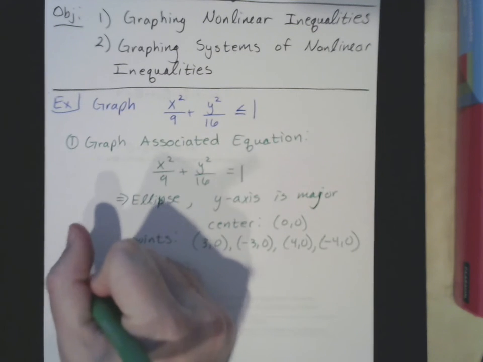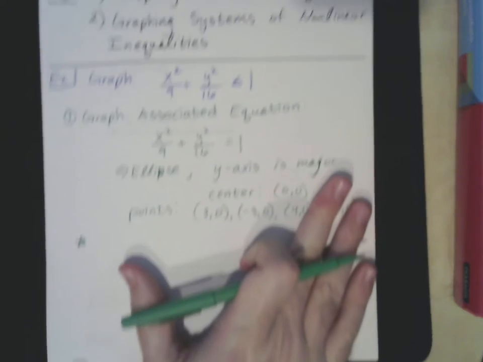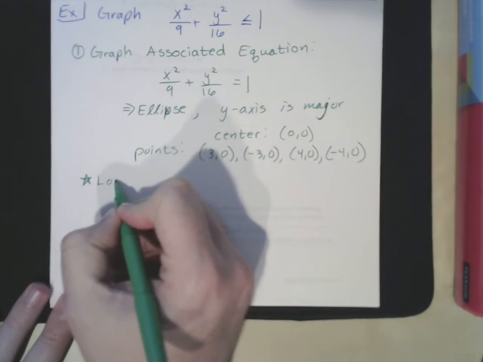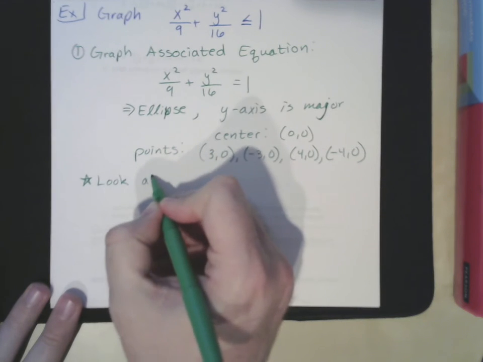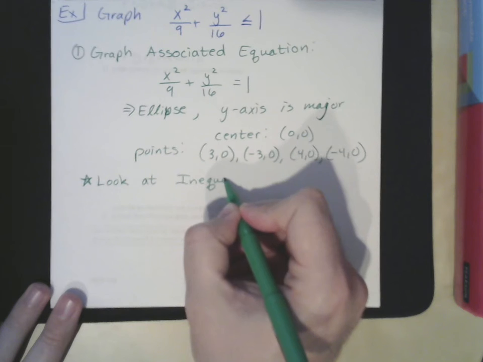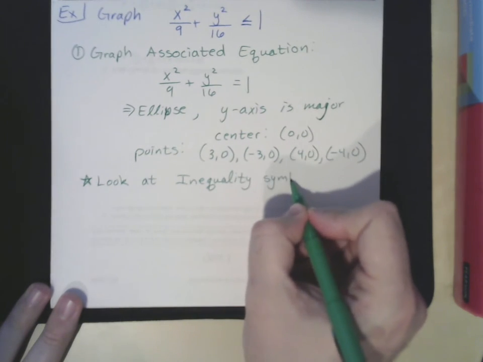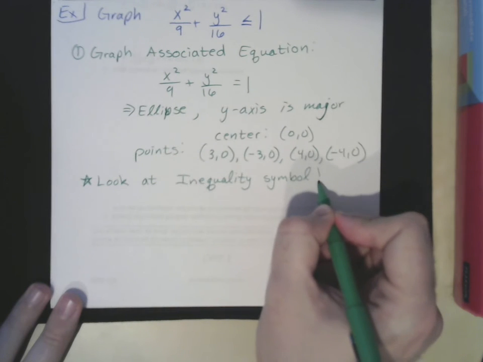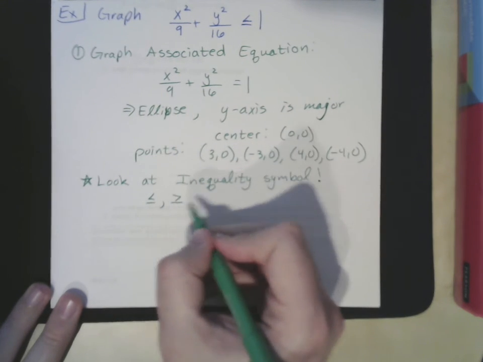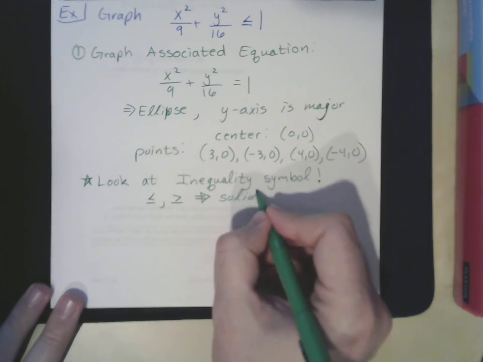So here's where something new comes in before we graph. We have all the things we need to graph coming from section 13.1, is we need to look at the inequality symbol. If it's less than or equal to or greater than or equal to, then we have a solid graph, solid line.